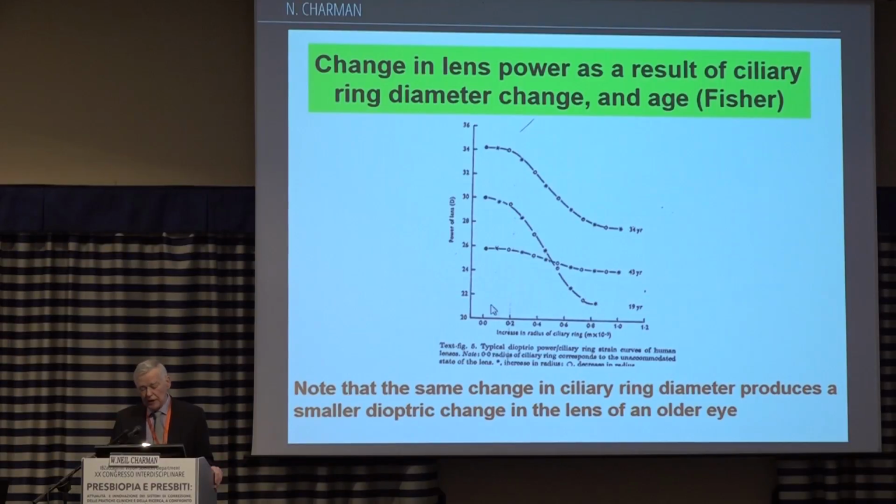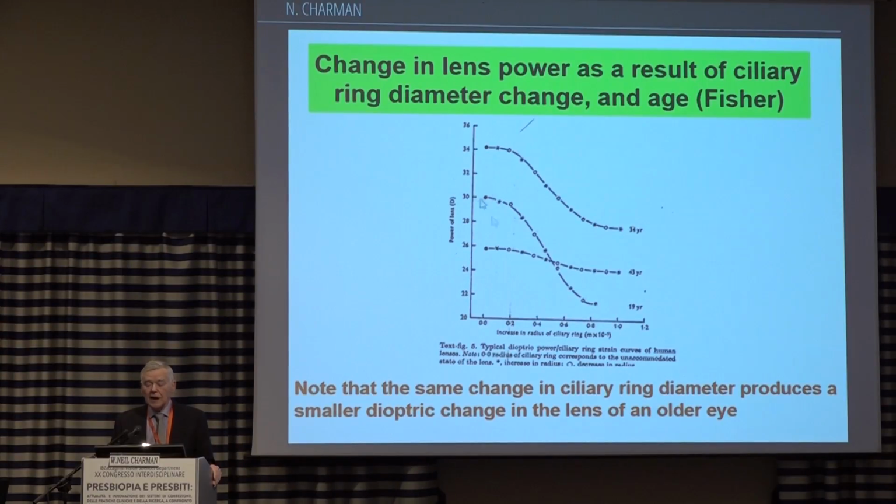What we do have here, though, is a little bit of supporting evidence for the importance of this gap, because this is some work by Fisher again, where the gap between the lens and the ciliary body, in a mechanical arrangement, has been changed in an in vitro experiment, and you're comparing different ages.